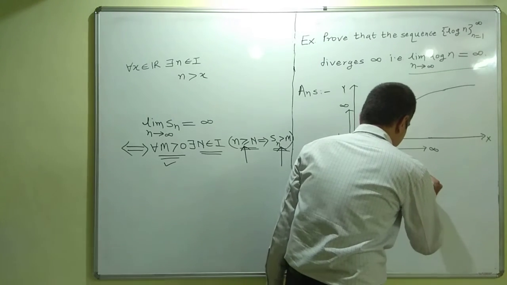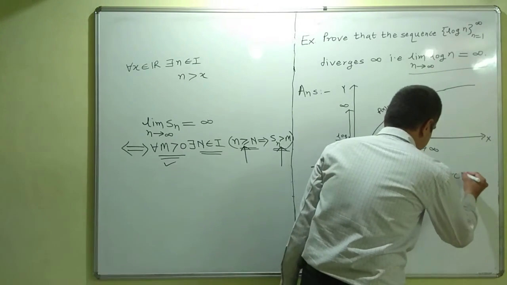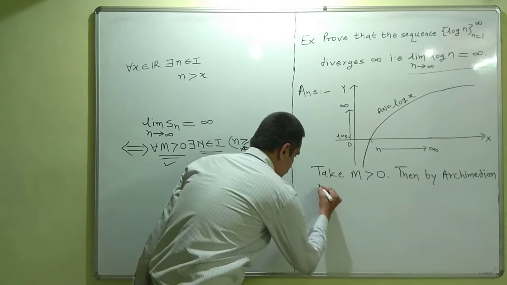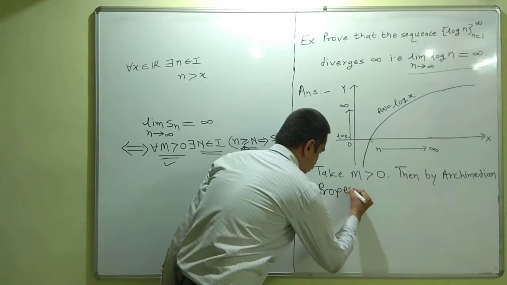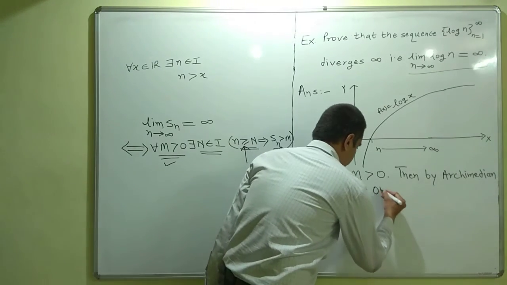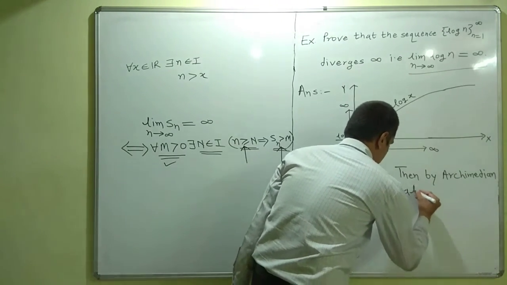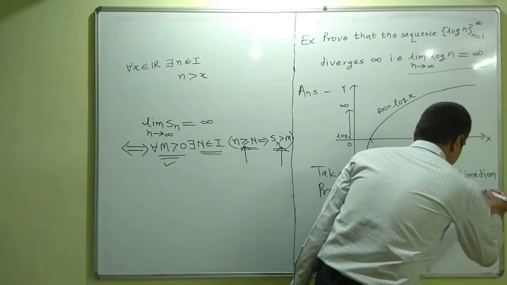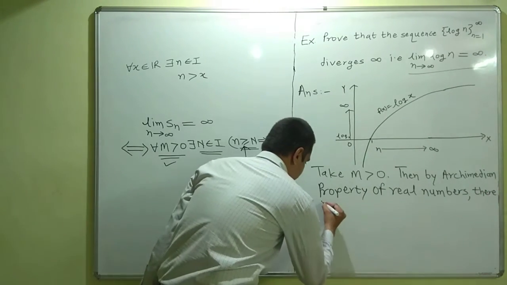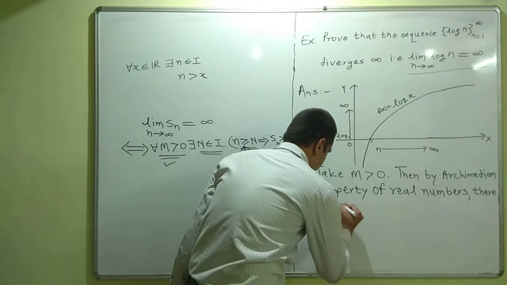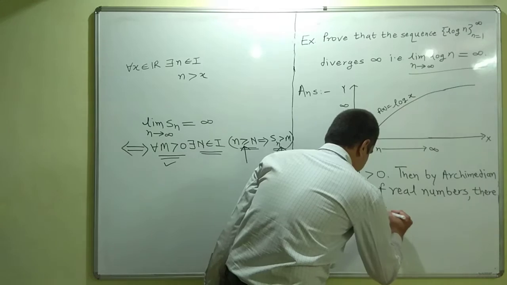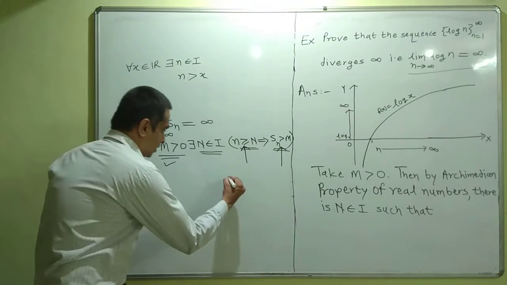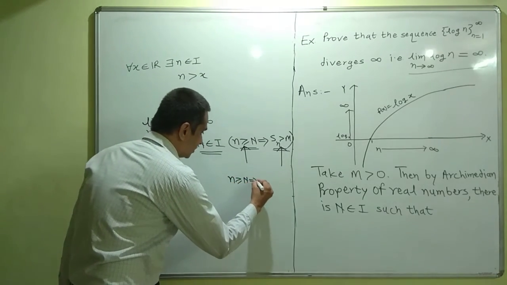Then by the Archimedean property of real numbers, there is N belongs to I such that, I need to do some rough work before I proceed. n greater equal to N implies Sn, in this case log n.